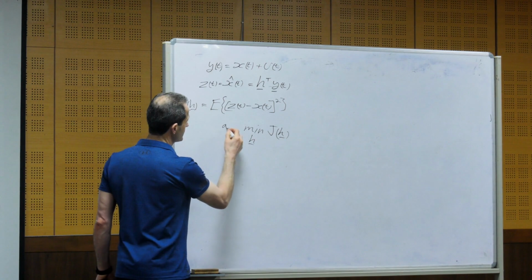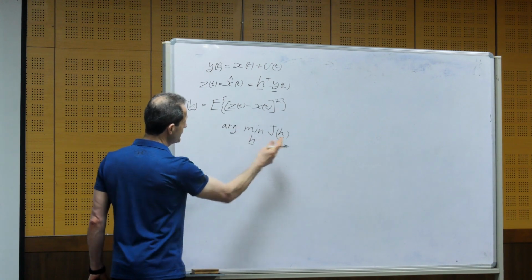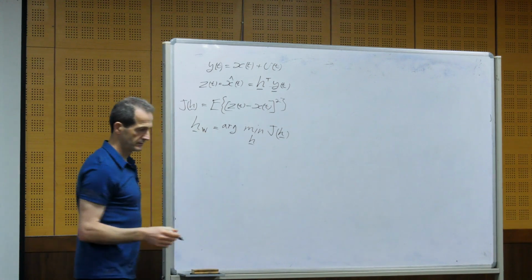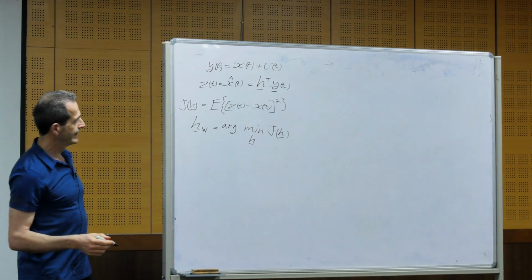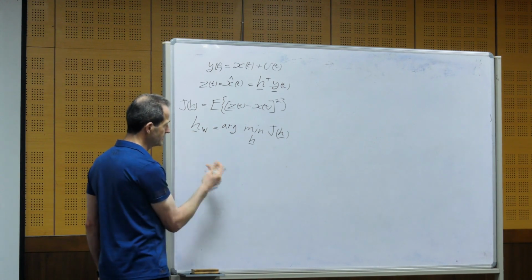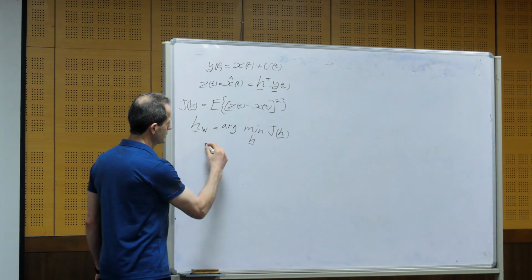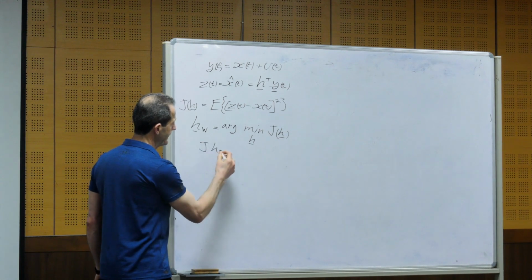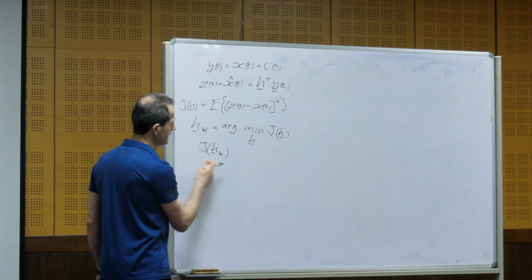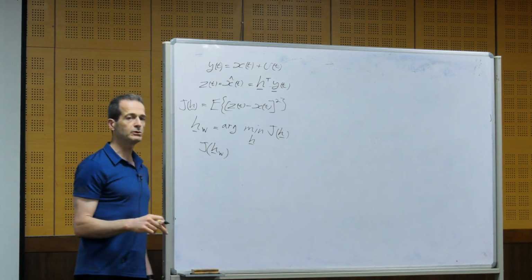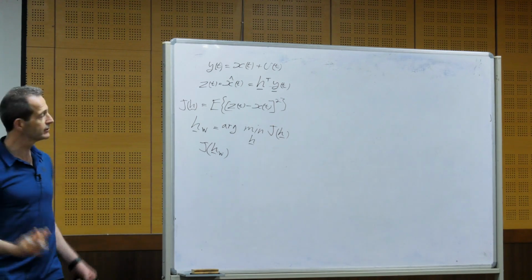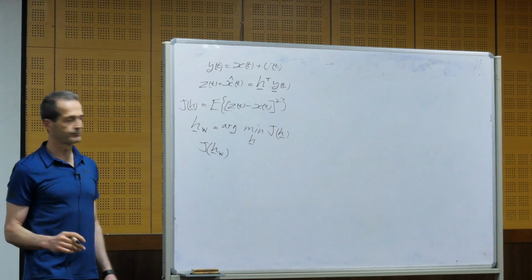The filter that achieves this minimum we call h_Wiener. If we use the Wiener filter, J(h_Wiener) is the minimum mean squared error that can be achieved for this problem.